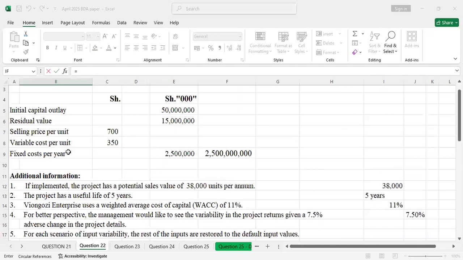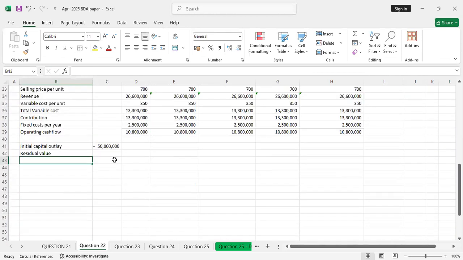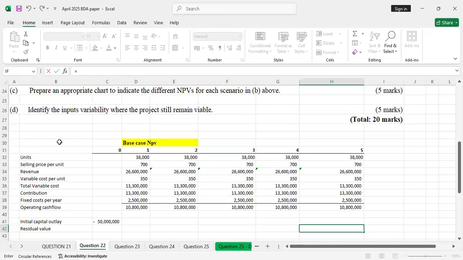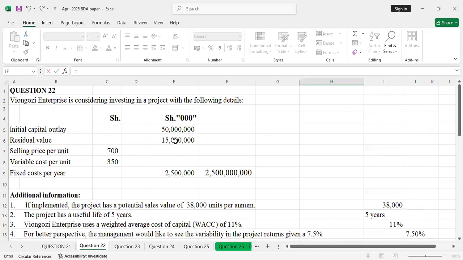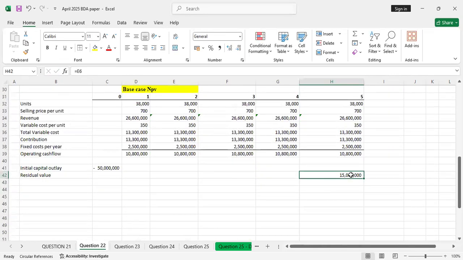So at the end of the project, the residual value, I'll still pick that 15 million. Because to me, it makes sense that way. That's what you sell at the salvage value. At the end of the project, you are selling this. If it was a capital asset, then you sell it at 15 million. That makes sense to me.